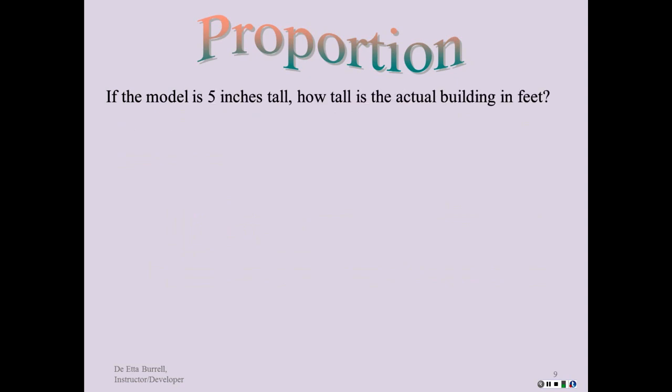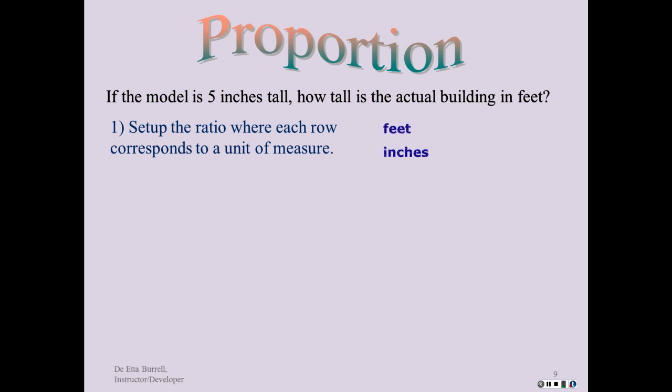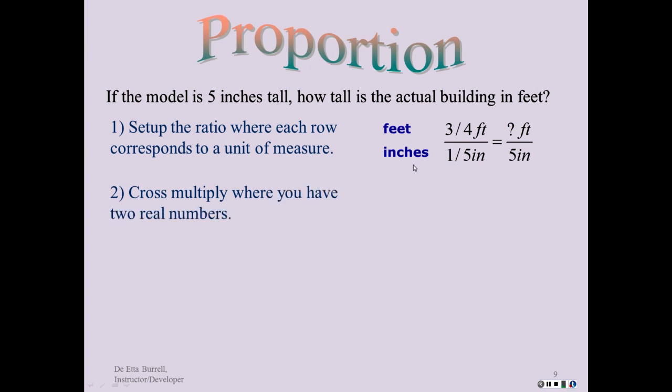So, you need to keep the same unit on the same row. So, I wrote this proportion up this way with the setup. Keeping the same unit on the same row, I have feet first and then inches. Feet is the actual and inches is the model. So if you want to put feet actual, you can. If you want to say inches model, you can, okay?